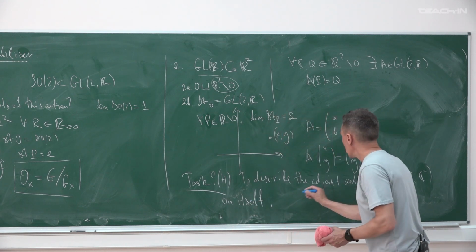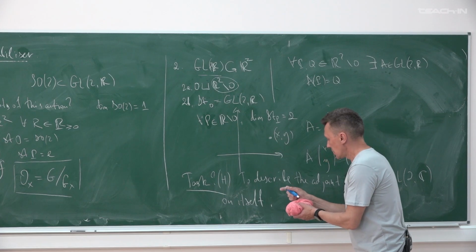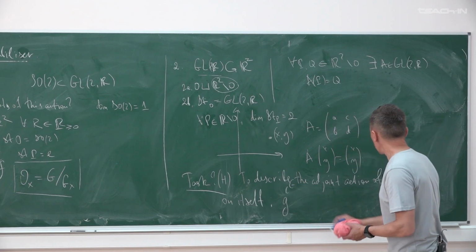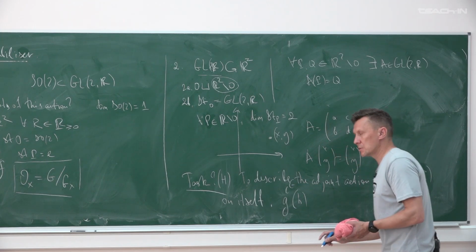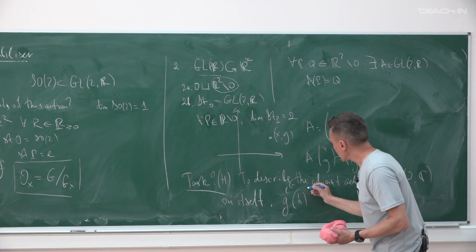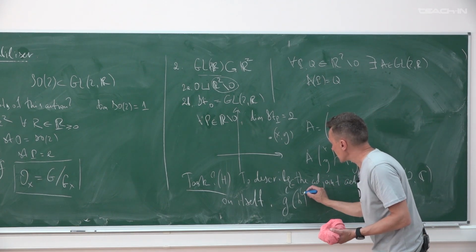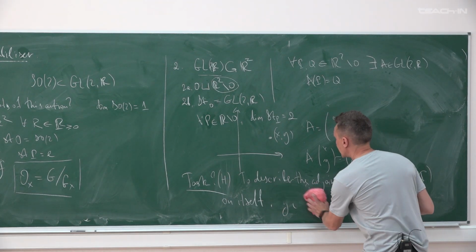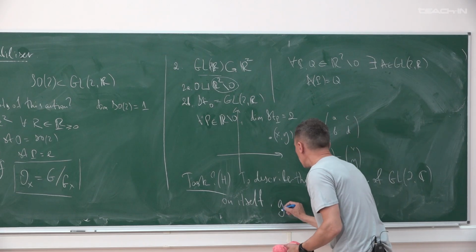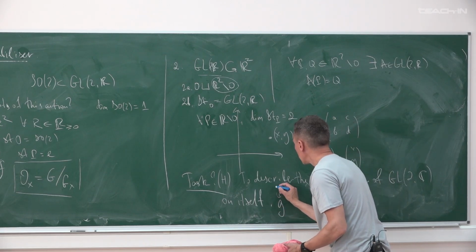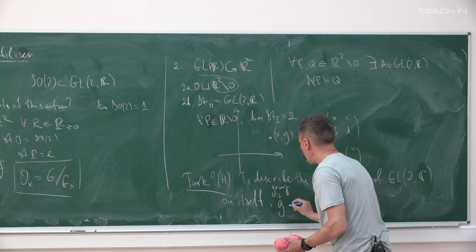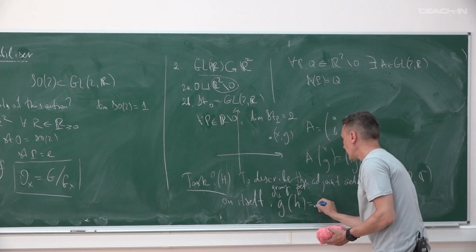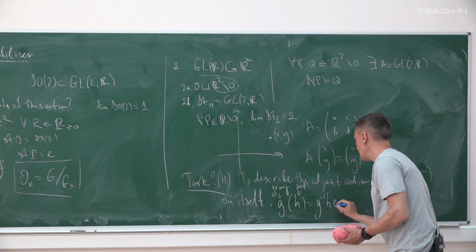It means that an element G from the group acts on an element H, considering the group as a set. G from the group acts on H from the set as G minus 1 H G.